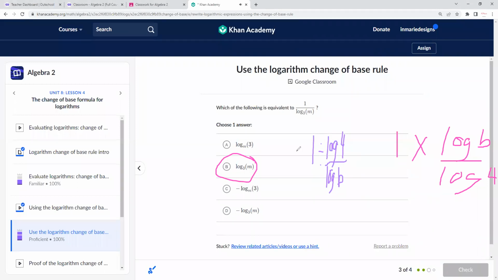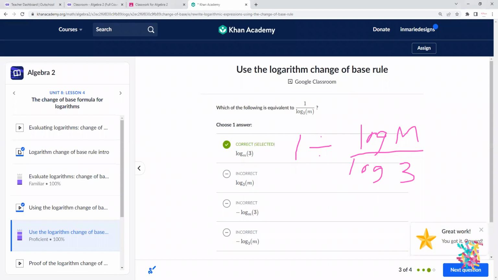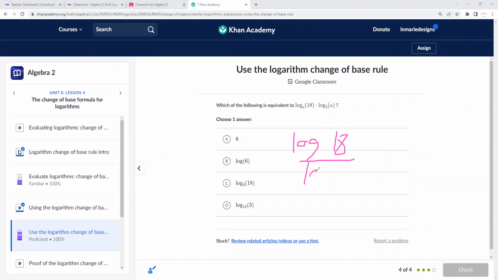Okay, same thing here. 1 divided by log m over log 3. So you're going to flip it and multiply. So then 3 becomes the argument and m the base. And now we are multiplying. So argument over base times argument over base.